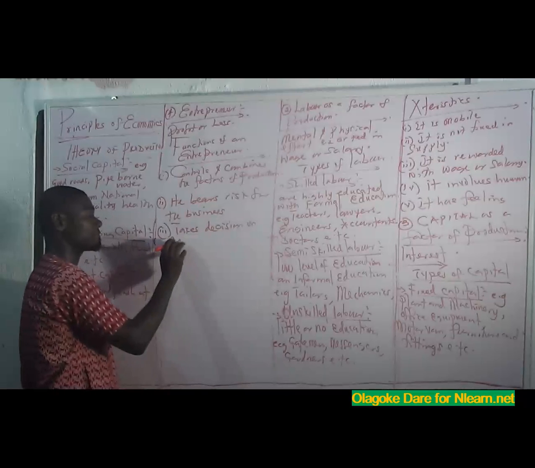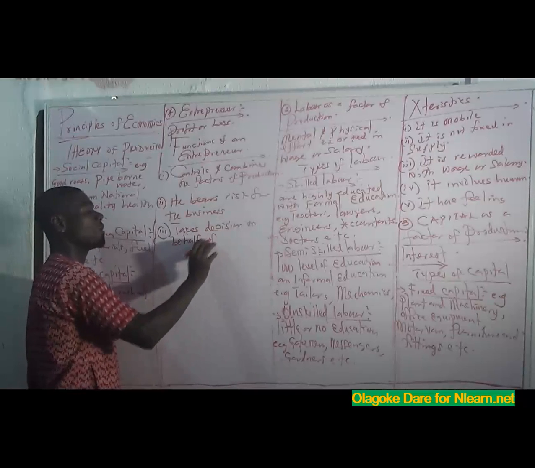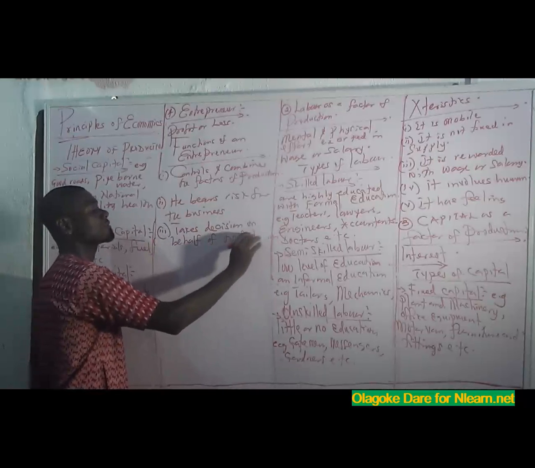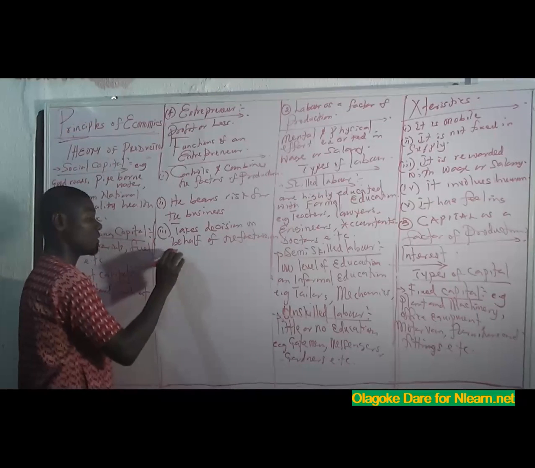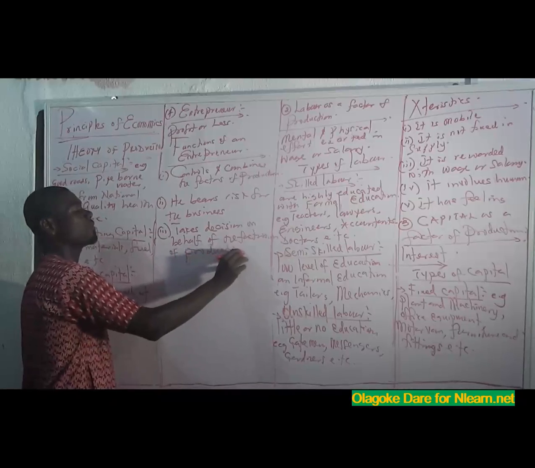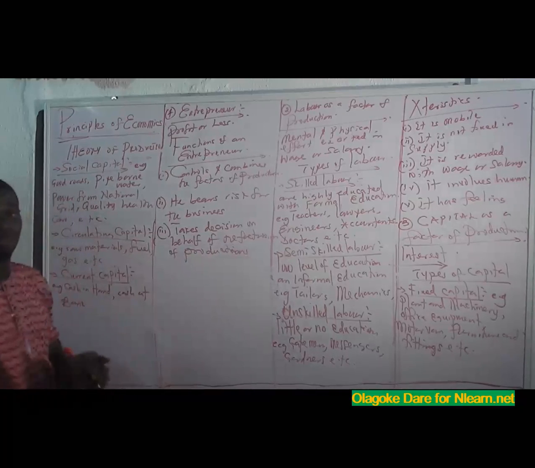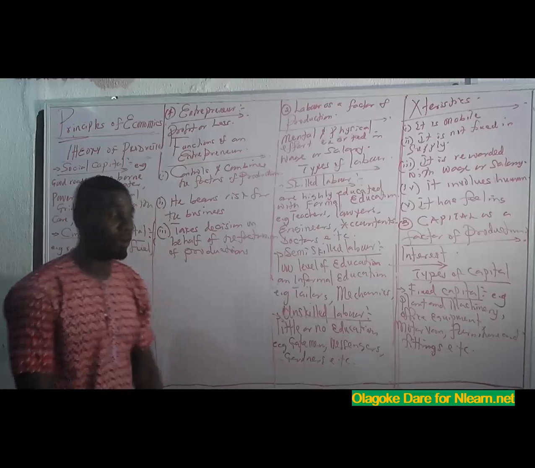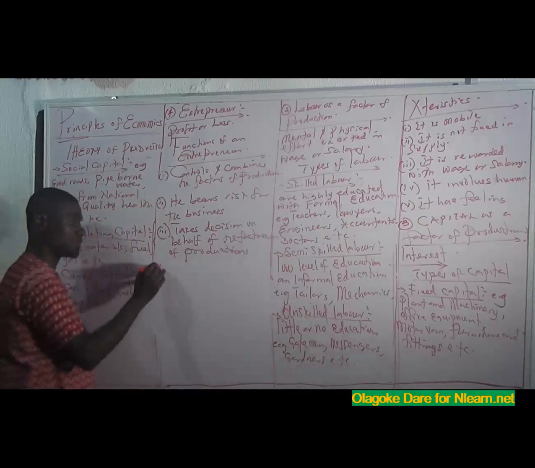Number next, takes decisions on behalf of the factors of production. Because an entrepreneur controls all factors, he's the one that takes decisions on behalf of all the factors of production.